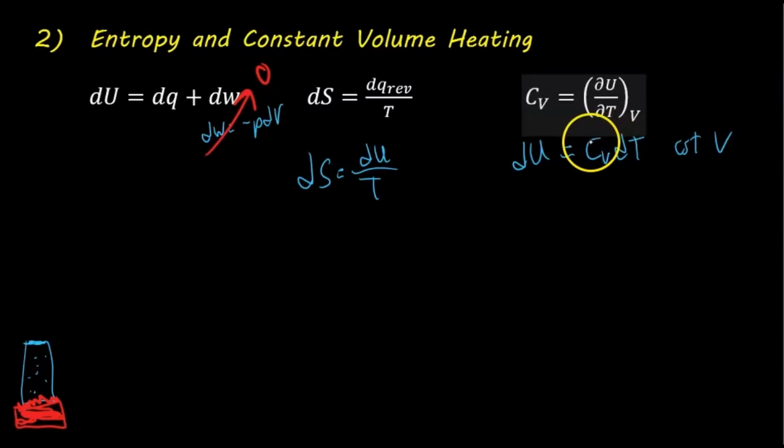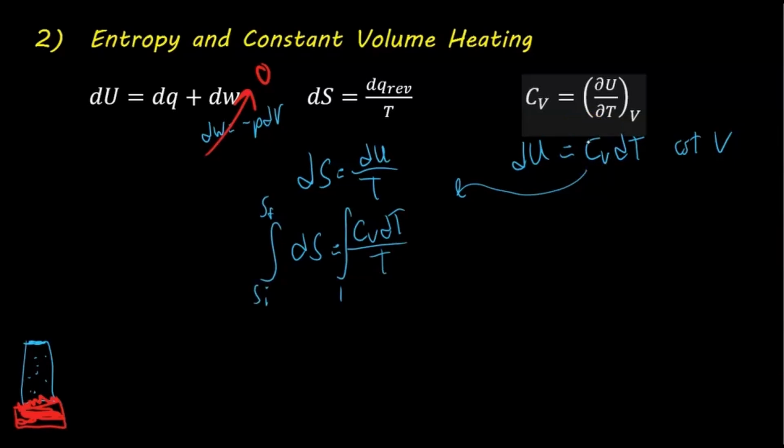And we can plug this in to here as before, so dS equals Cv dT over T. And we'll integrate it to get the change in entropy from the initial to the final state, and the initial and final temperature. And it's pretty much as far as we can go. The left-hand side will be the change in entropy of the system. And again, the heat capacity at constant volume could vary based on the temperature, so we're going to keep it inside the integral just to be general for now.